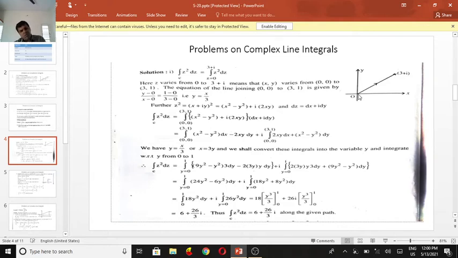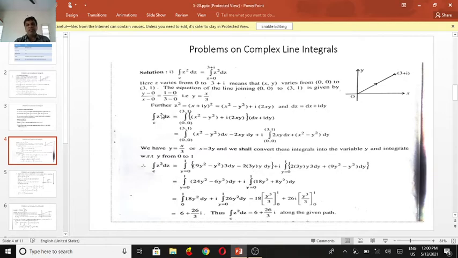Given any form, you can convert to either x form or y form. Further, z squared is (x + iy) squared, which by the (a + b) squared formula gives x squared minus y squared plus i times 2xy. Again dz becomes dx + i dy.